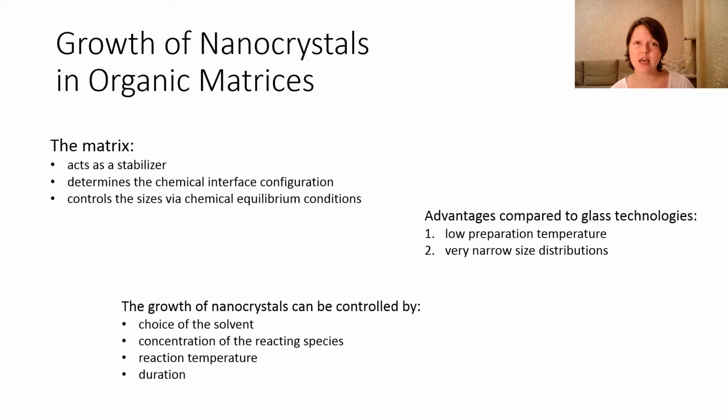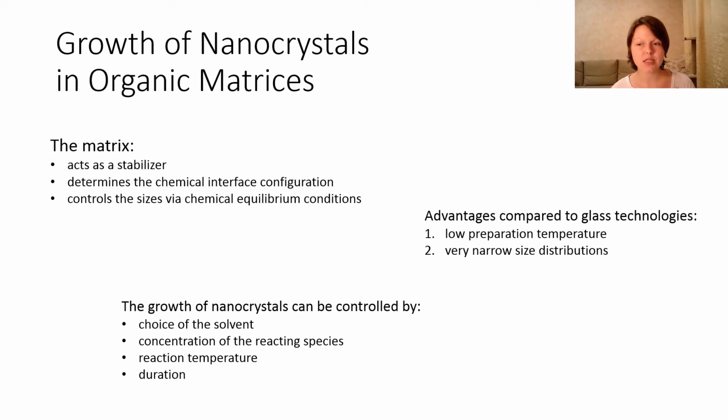Here, the matrix acts as a stabilizer, as well as it determines the chemical interface configuration and controls the size of nanocrystals via chemical equilibrium conditions. The growth of nanocrystals can be controlled by the choice of the solvent, the concentration of the reacting species, reaction temperature, and duration.